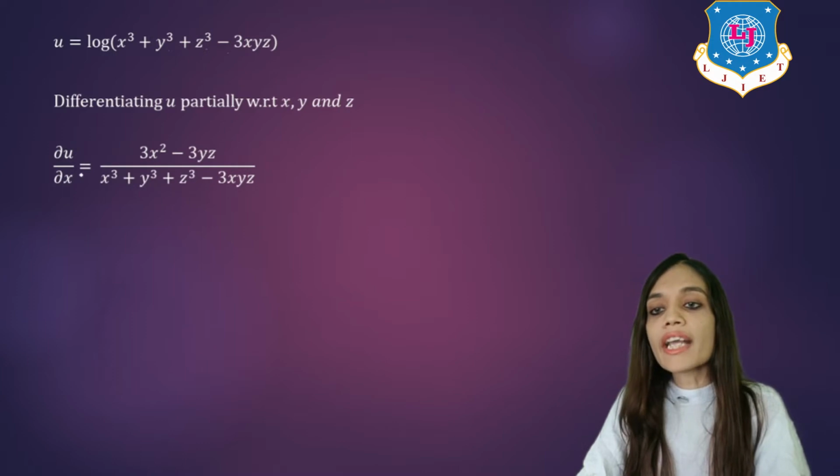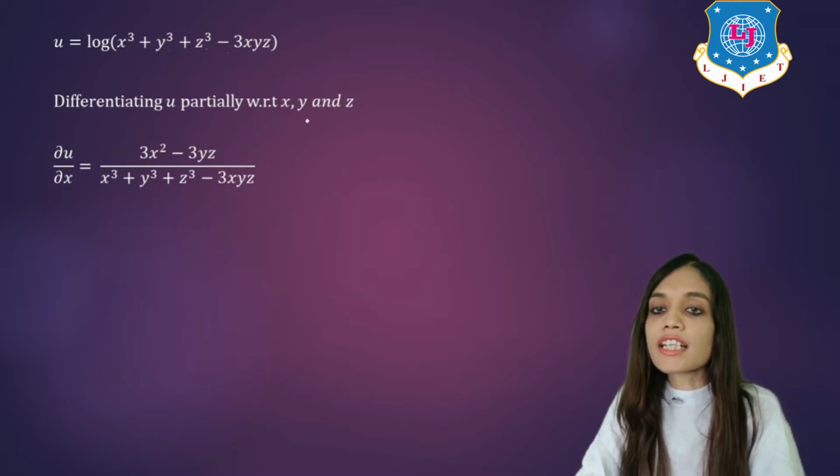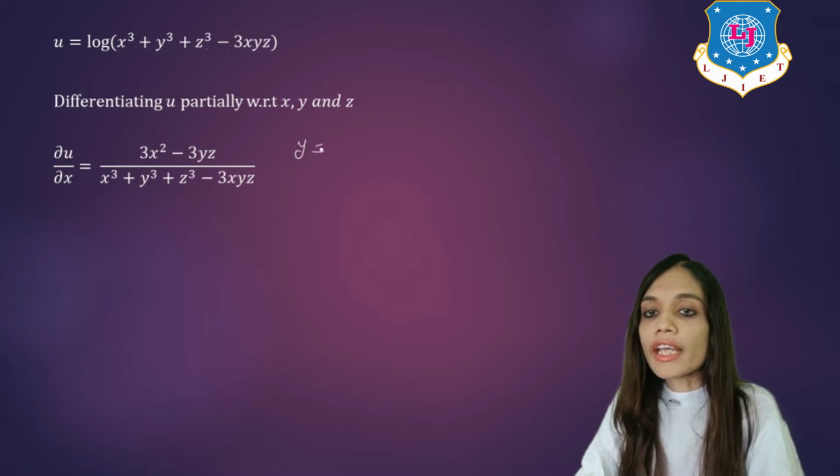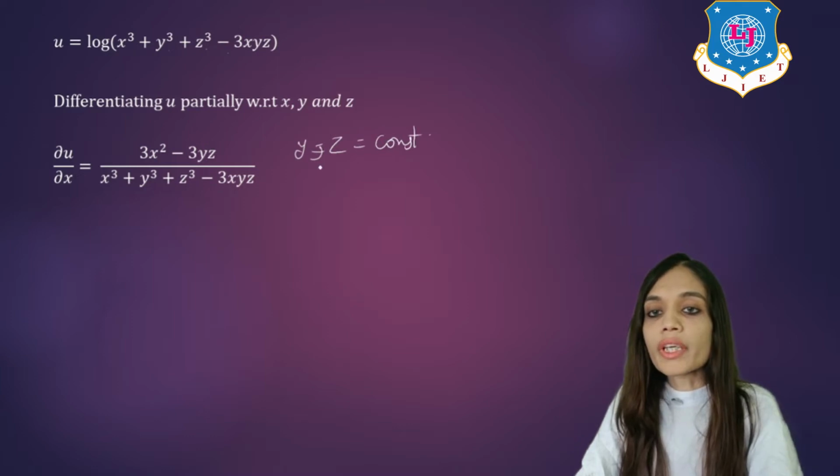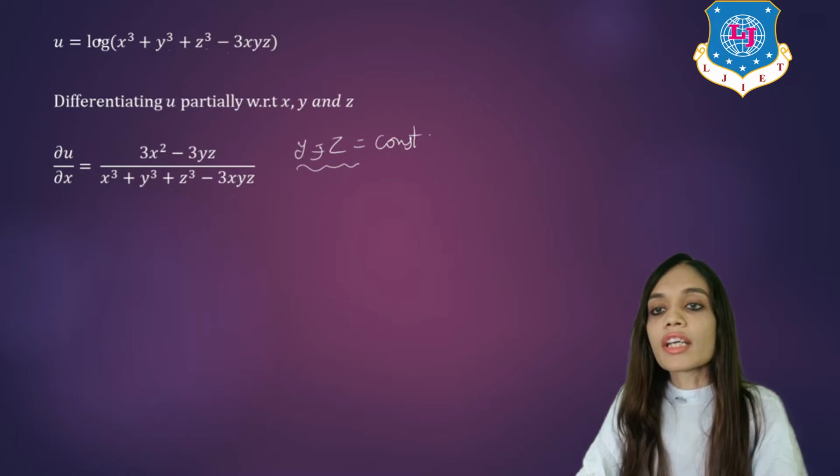So del u by del x is equal to, in order to find del u by del x, we will keep which terms constant? Y and z as constant. So keeping these two constant, our derivative will be derivative of log, that is 1 upon x cube plus y cube plus z cube minus 3xyz.